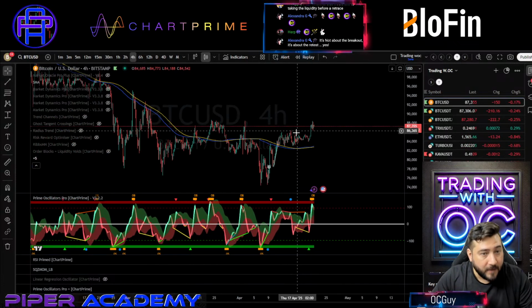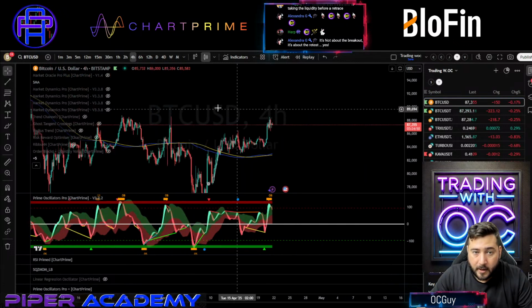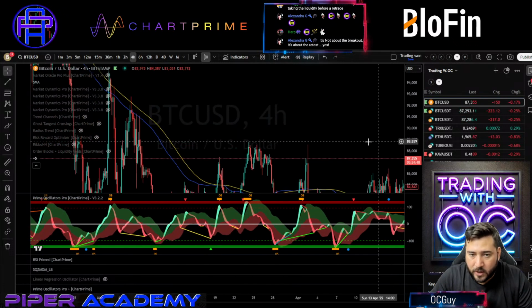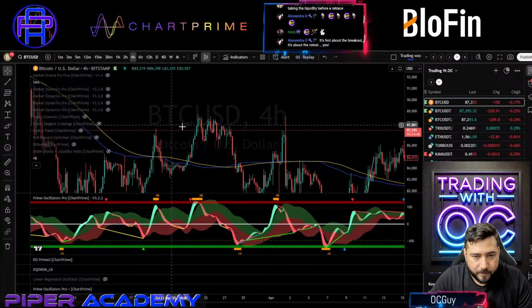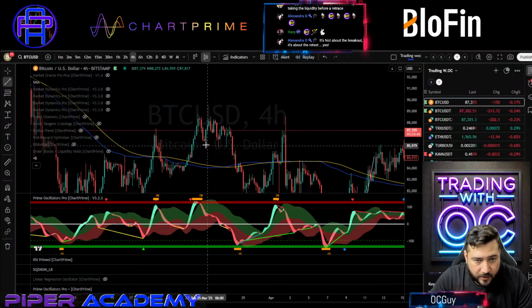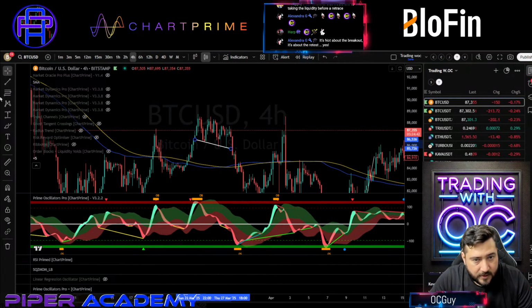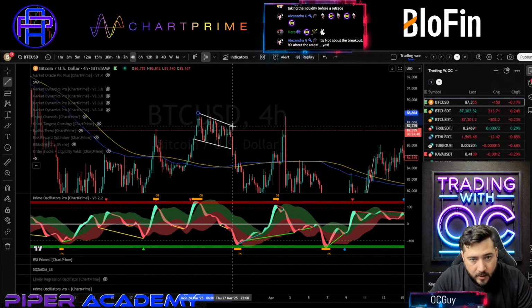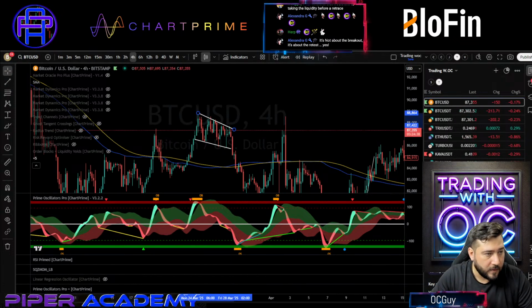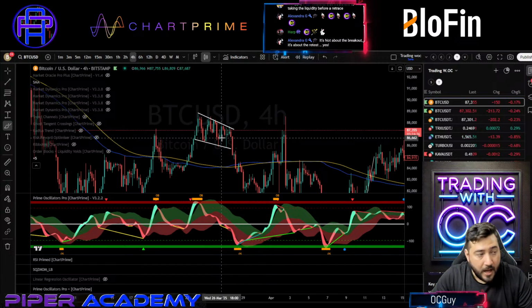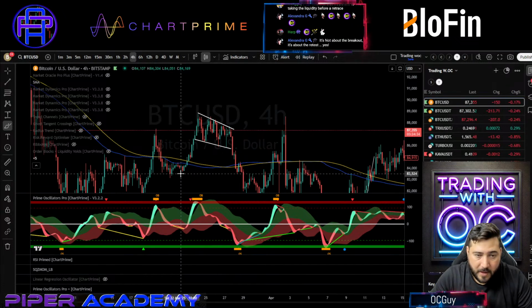This is going to be very important. Why? Because look at, for example, this wedge in here, all right? If we consider the wicks, here's a line of support, here's a line of resistance. Usually wedges are reversing patterns, right?